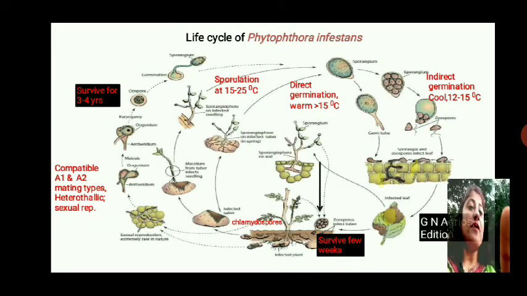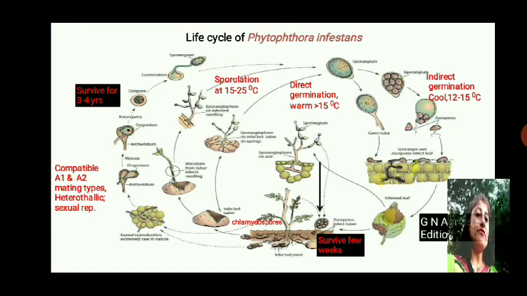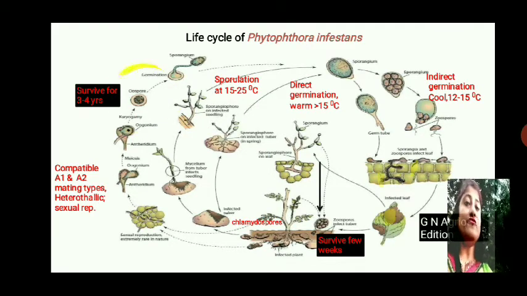Since it affects potato crops year after year, we need to know from where the inoculum comes. It is the oospores that survive in the soil as dormant spores.